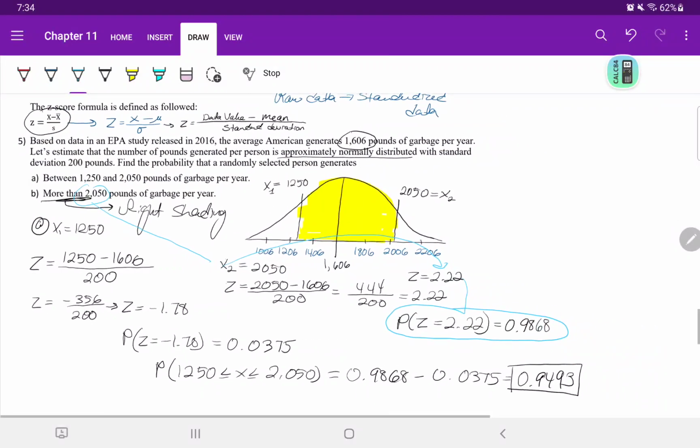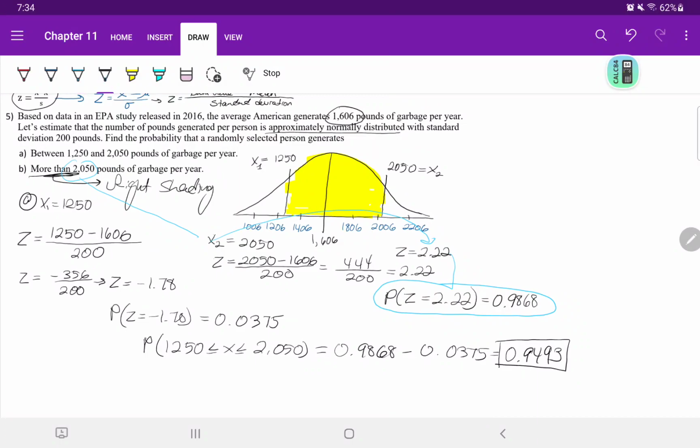So to answer question B, the probability that a randomly selected person will generate more than 2,050 pounds of garbage per year is 1 minus 0.9868, which equals 0.0132.